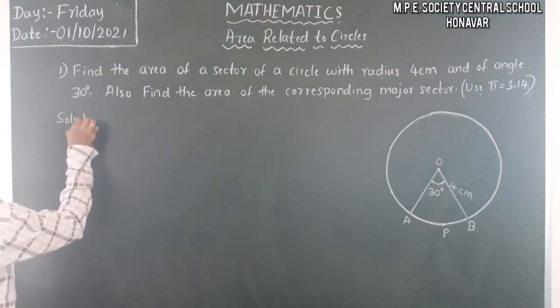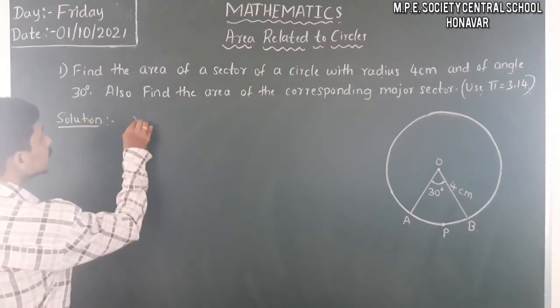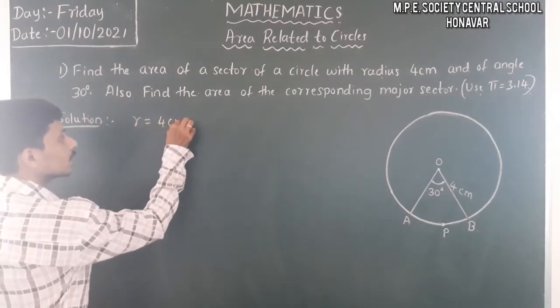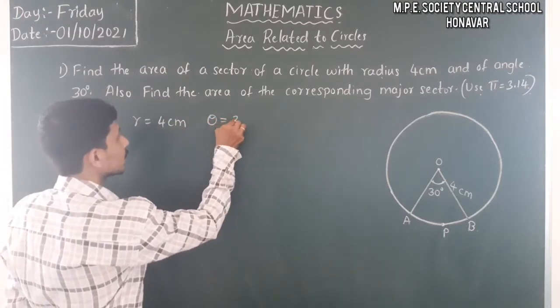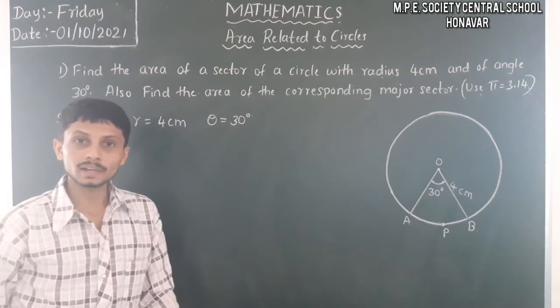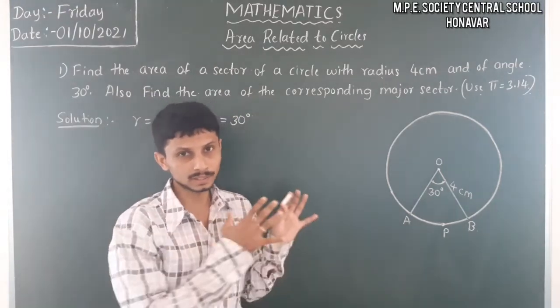In the solution, firstly we have to write the given things. What is given here? Radius is given, it is 4 cm, and the angle theta is given, 30 degrees. And you already know that the area of a sector, a minor sector or major sector, here it is a minor sector.